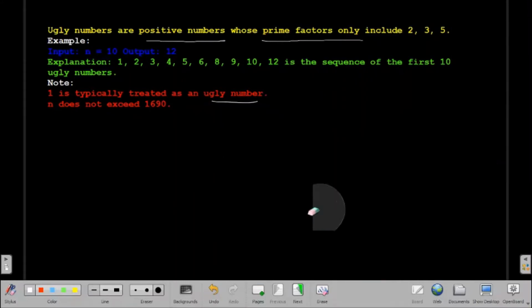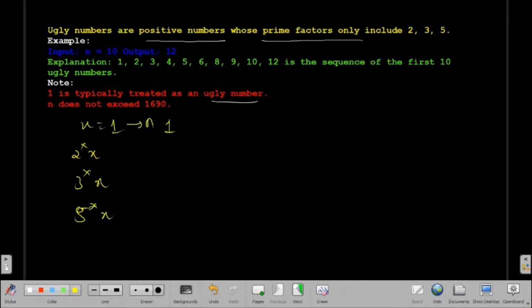So let's see, we have some problem here. What will be my brute force approach? Initially my ugly number is 1, and for finding the next ugly number we'll just do 2 into x, 3 into x, and 5 into x, where x will go from 1 to n, and all these numbers are ugly numbers.